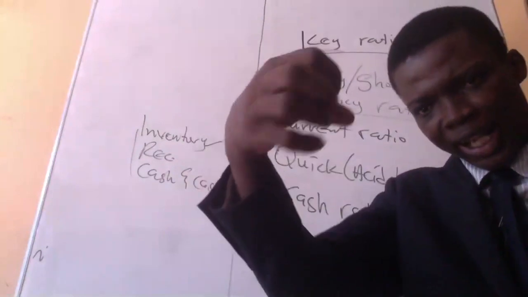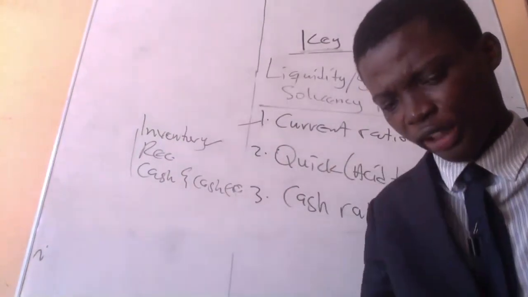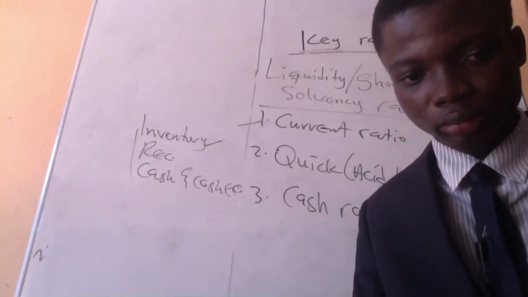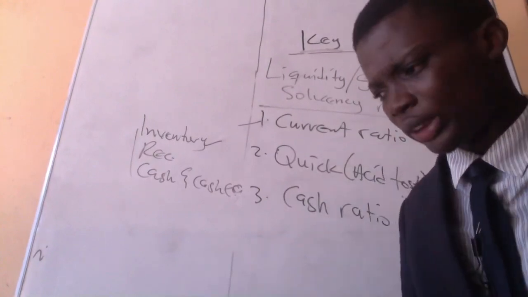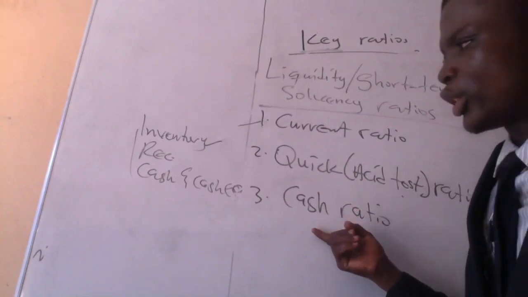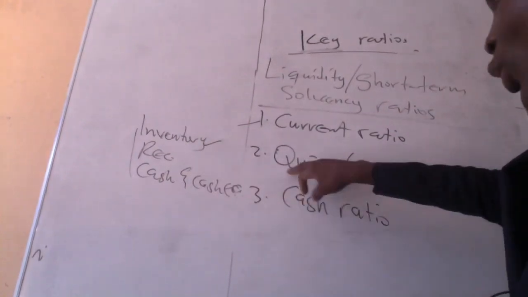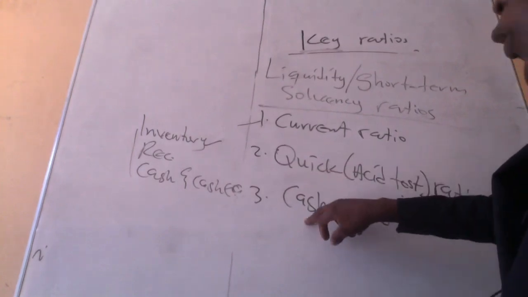This ratio measures the number of times your physical cash, or your cash and cash equivalents, or your liquid assets, can pay off your current liabilities. So this one is the fastest. If acid is fast, this one is the quickest.